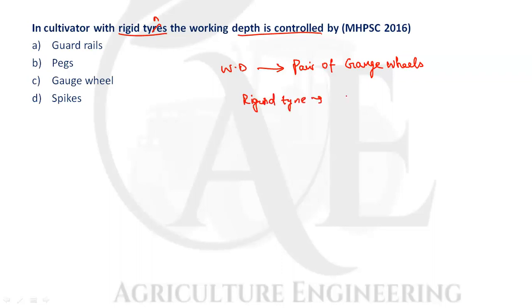It does not deflect while working in the field. Okay, another thing to know about the rigid tine cultivator is that it does not deflect when working in the field. So gauge wheel is the correct answer. So next question.